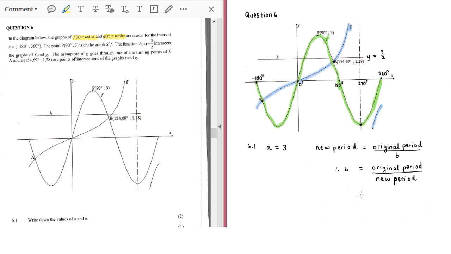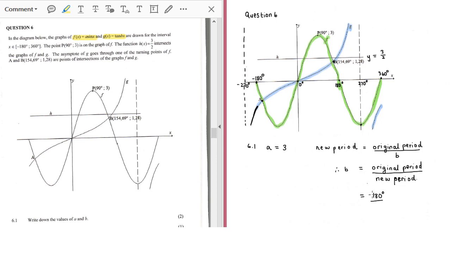of the graph. Okay, so what is the original period of a tan function? Well, that's 180 degrees. What's the new period? Well, we can get it from here. We can see that if we expand this tan function out, the next point over here would be a second asymptote at negative 270 degrees.